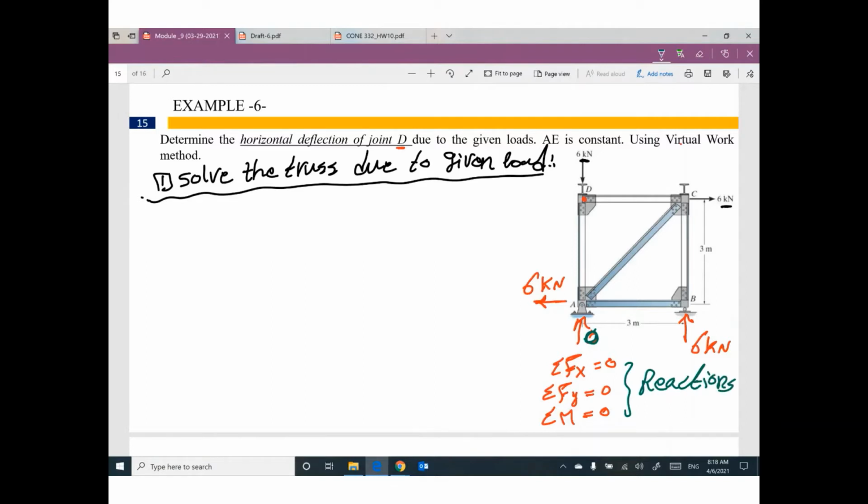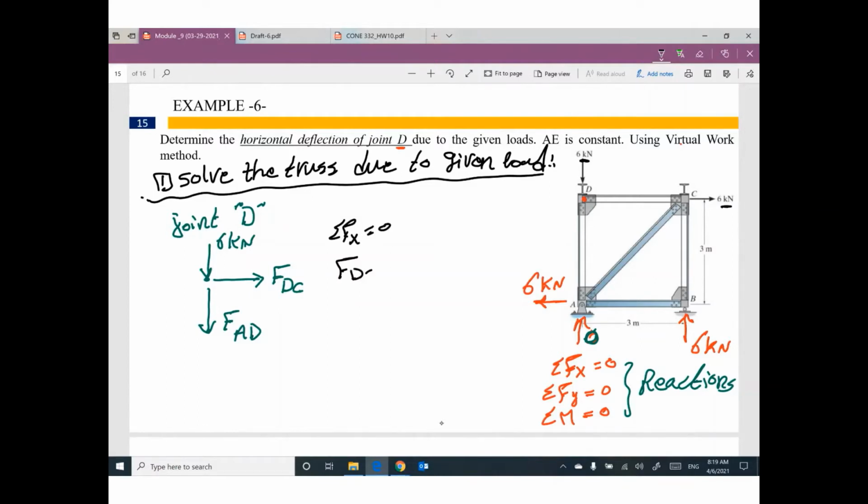What about joint D? Here is joint D. We have vertical force 6 kilonewton. We have horizontal member and vertical member. I will assume this one tension and this one tension, FAD, FDC. If you apply summation Fx equals 0, I believe FDC will be 0. This member is 0.